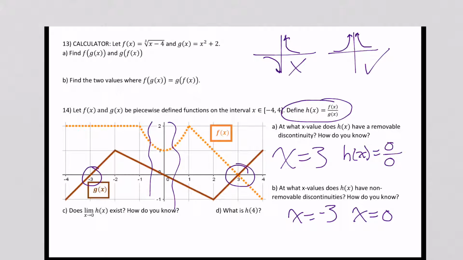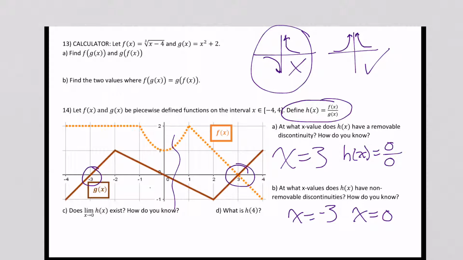And when a factor has an odd multiplicity, if that factor is in the numerator, it means it's an x-intercept that crosses. But if that factor is in the denominator and it's an odd multiplicity, it means it's a vertical asymptote that's going to behave in this manner, where the tails will be going to opposite infinities.